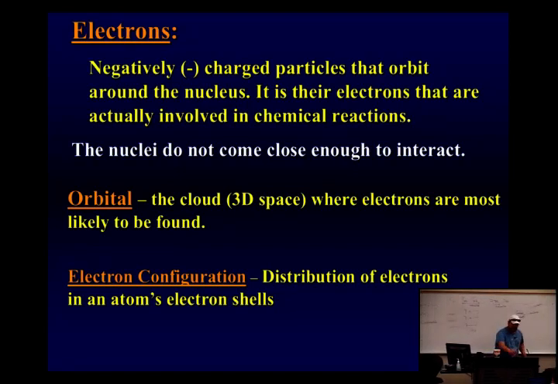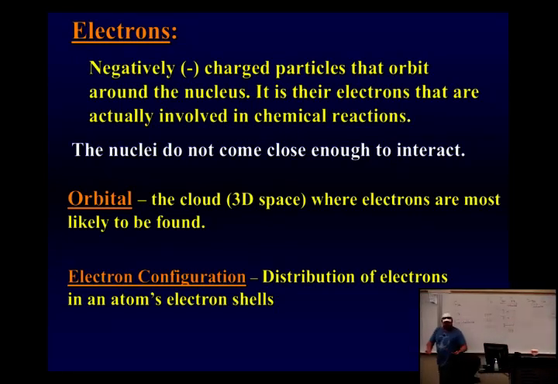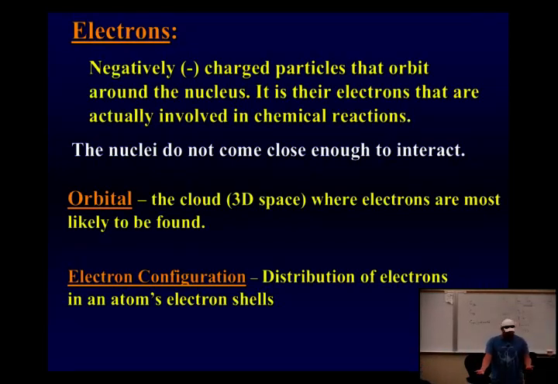Let's just pretend we've shrunk ourselves down, and this is the nucleus. Let's make sure everybody can see this. This is the actual size of the chlorine nucleus, and this is the actual size of the sodium nucleus, right? And you know that there are electrons spinning around it, right?